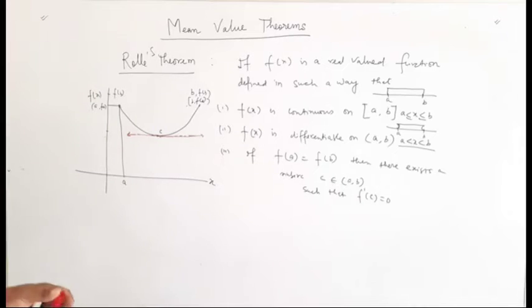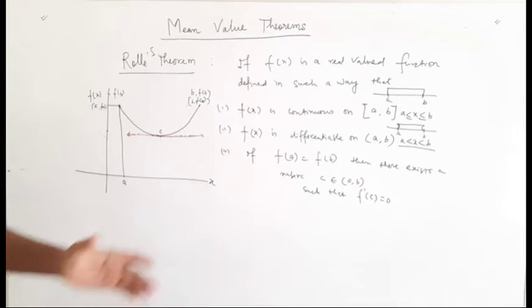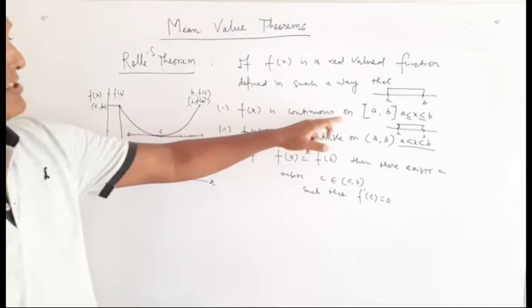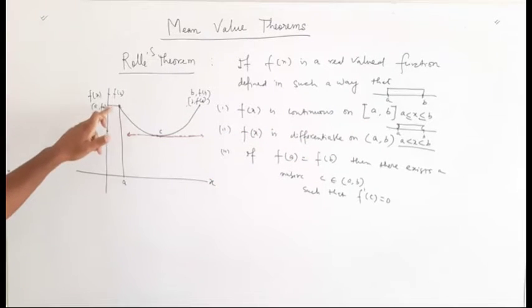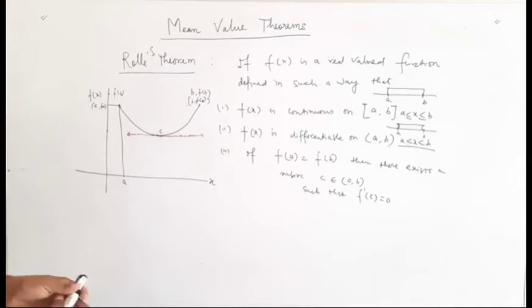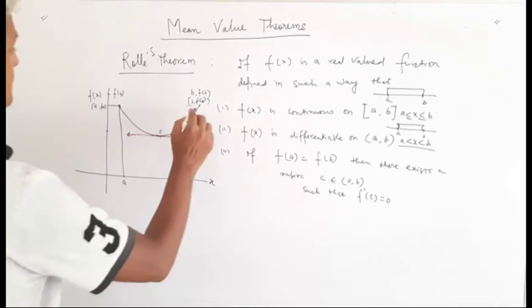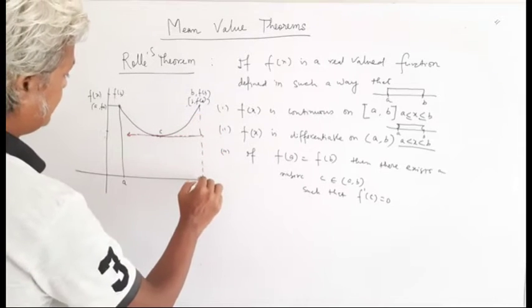So this is the significance. I will again elaborate these three points. f(x) is continuous on the interval [a, b], which means there should not be any break in the graph of the function between the point a and the point b. This is my point b.